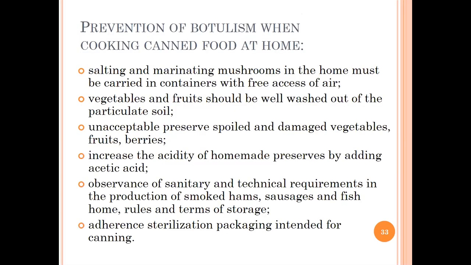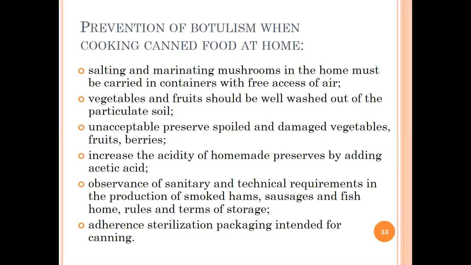How to prevent botulism when cooking conserves at home? For example, we need to add enough sodium chloride and organic acids when cooking mushrooms at home. Vegetables and fruit should absolutely be washed from soil particles, because soil is a natural environment for Clostridium botulinum spores.